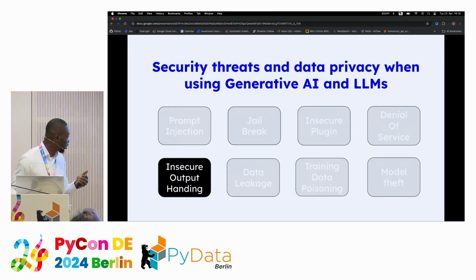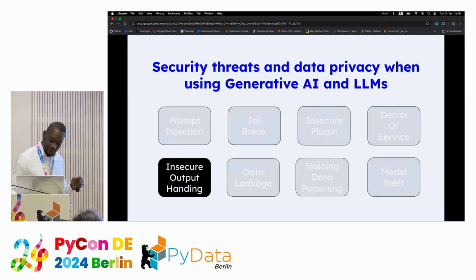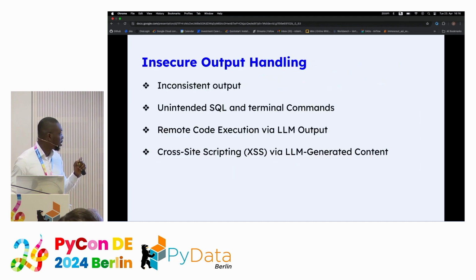So we also have insecure output handling. If you ask any LLM the same question, like asking what's the name in different ways, you would expect the same answer. But if you ask any LLM the same question in a different way, they give you different results.